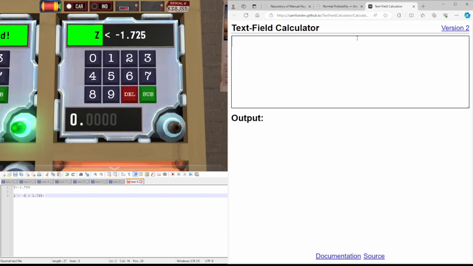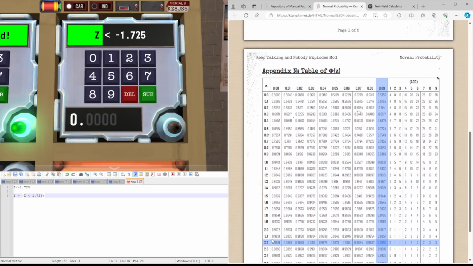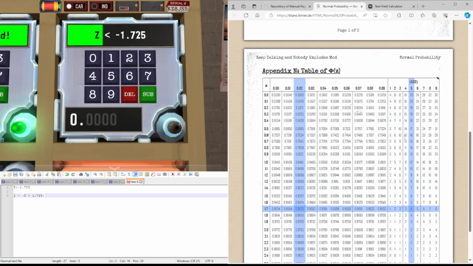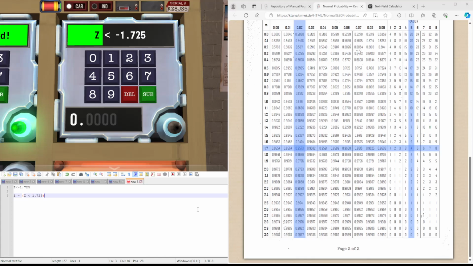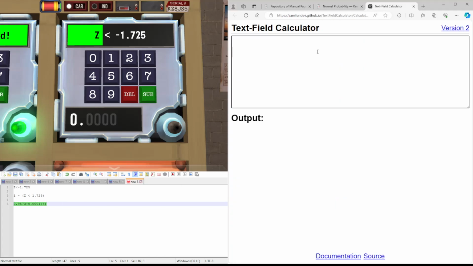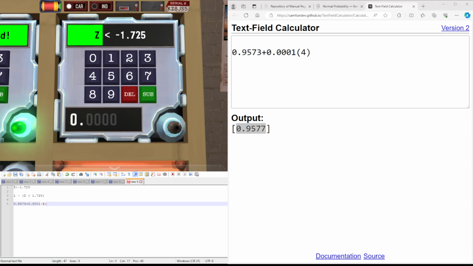So 1.725. Yes, 1.725. We get 0.9573, and we're adding the extra part, which has value of 4 here, which we get this value.